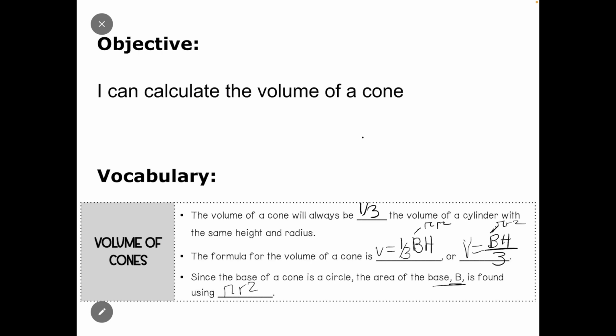So our actual formula for volume is V is equal to 1/3 of pi r squared times the height. Over here is the same thing: V is equal to 1/3 pi r squared times the height.